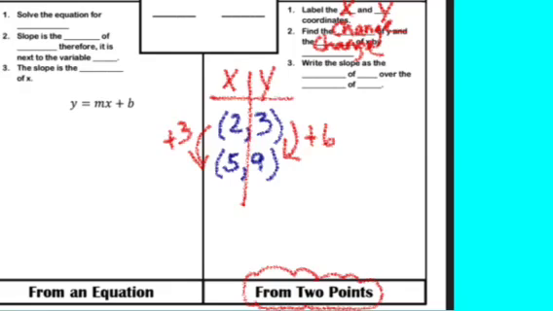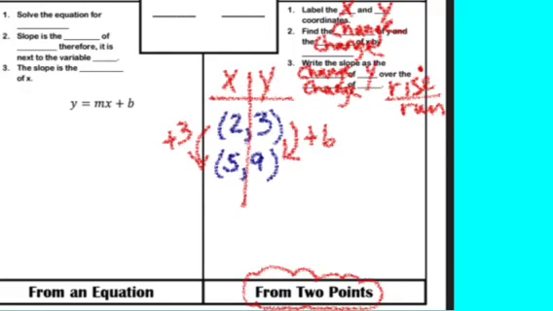So the important thing is that we write the slope as the change in y over the change in x, or the rise over the run. That's the change in y over the change in x. And so this was 6 as our change in y over 3, our change in x, so that has a slope of 2.